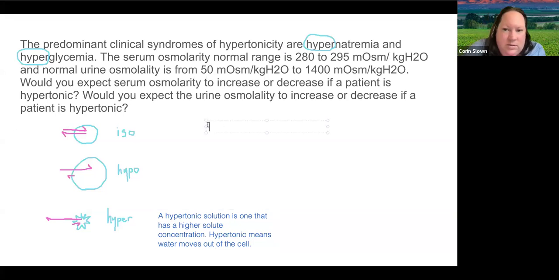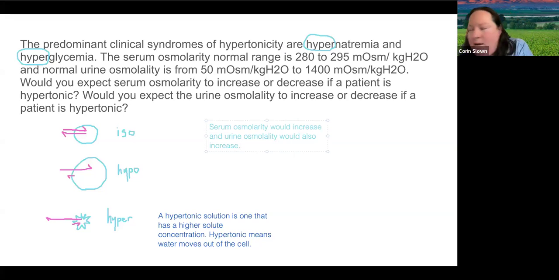So serum osmolarity would increase. And urine osmolality would also increase.